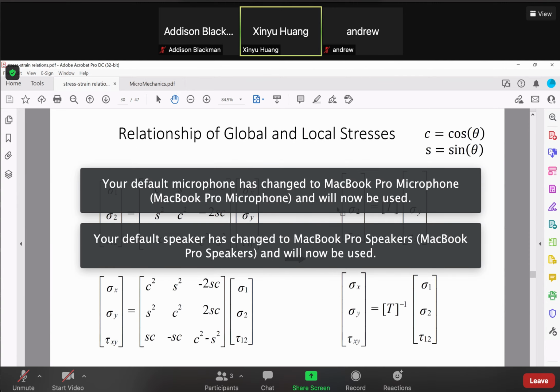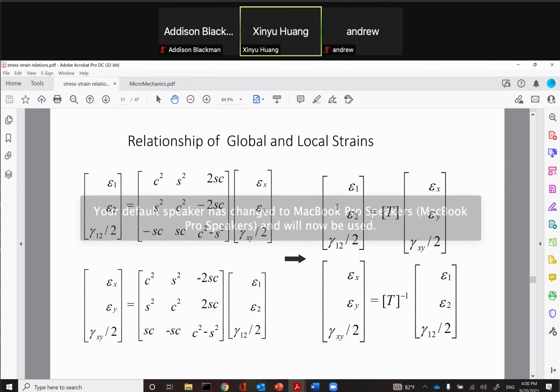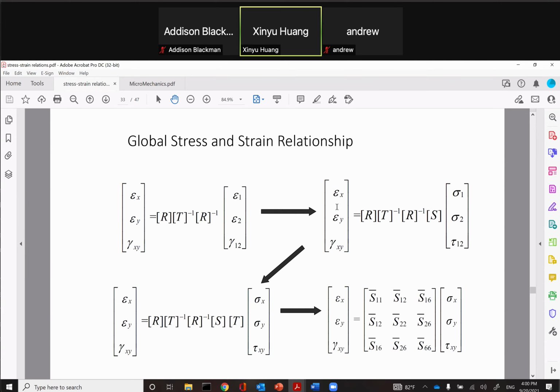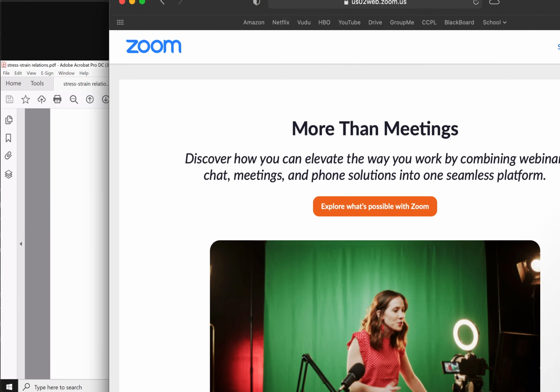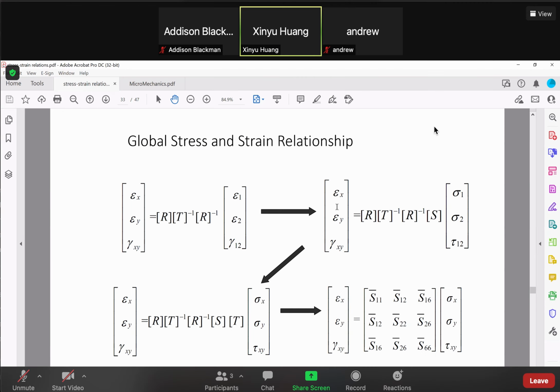And then you get your T matrix, you get your R matrix, which is over here, and you put them all together. And this is the compliance matrix in 1, 2 coordinates. Once you multiply all together, it becomes this matrix in XY coordinates.